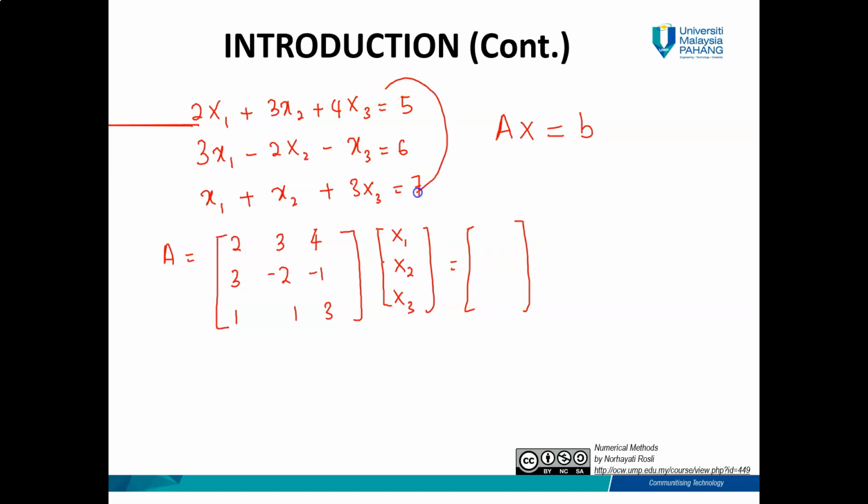It's given by these values: 5, 6, 7. So this is how we can transform linear equations into matrix form: this is A, this is X, equal to this one, which is B. So we can write this equation as A times X equal to B.